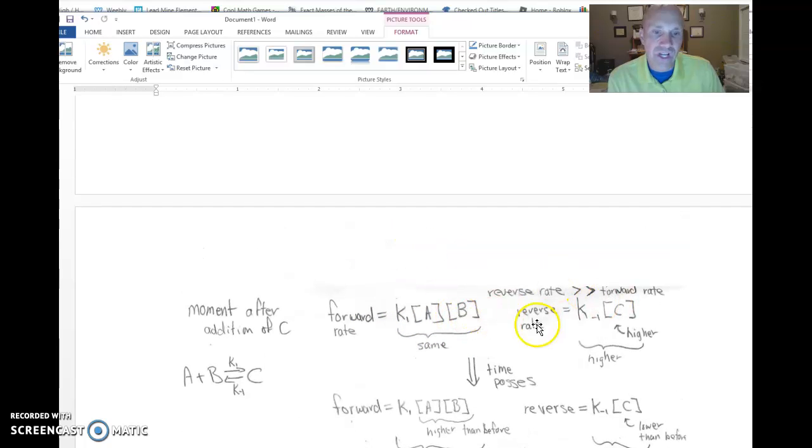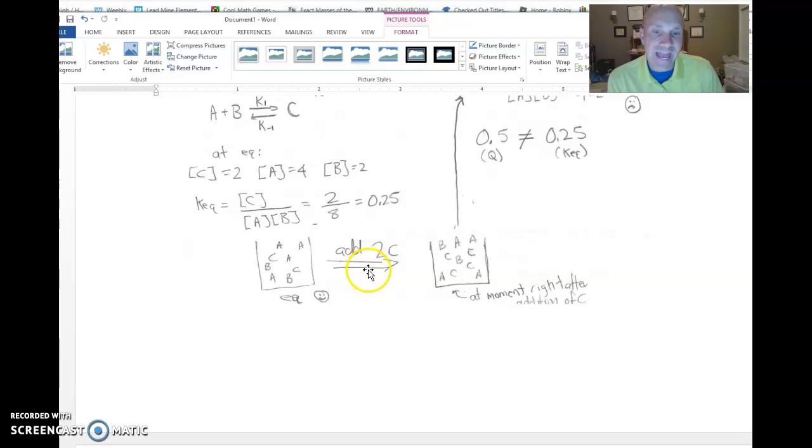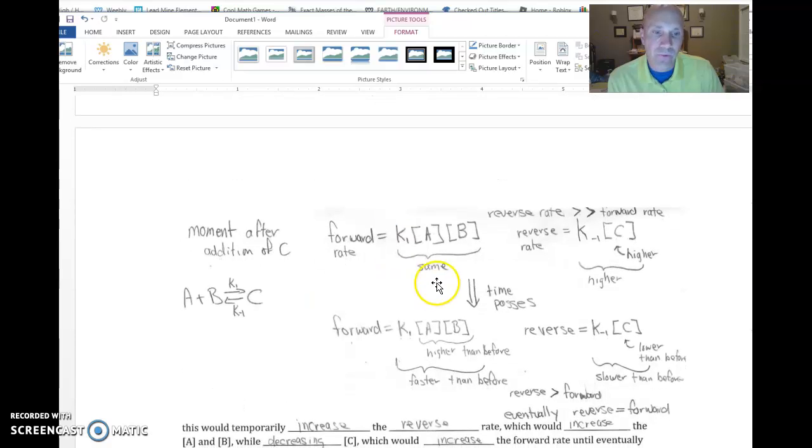Ask yourself, what would change if we added some C to the reaction when it was at equilibrium? Right after you add some C, that's going to increase the concentration of C. At that point in time, you still have the same concentrations of A and B.